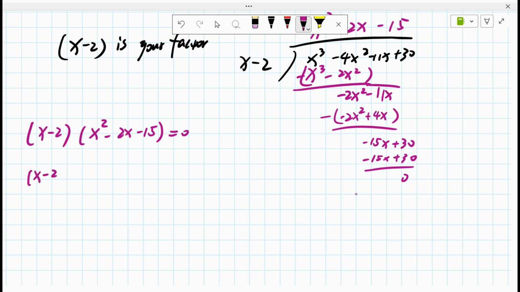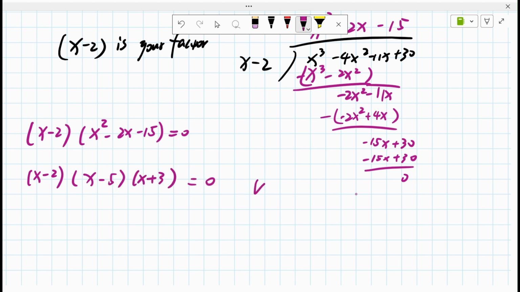And x minus 2. So how do we do this one? Easy, because we're going to use the cross product rule. That equals x minus 5 and x plus 3, equal to 0.